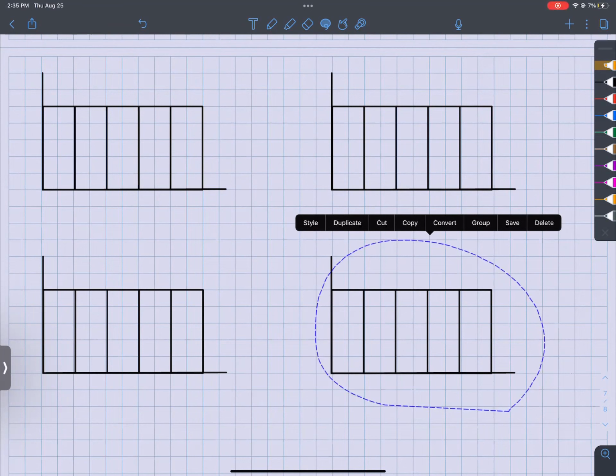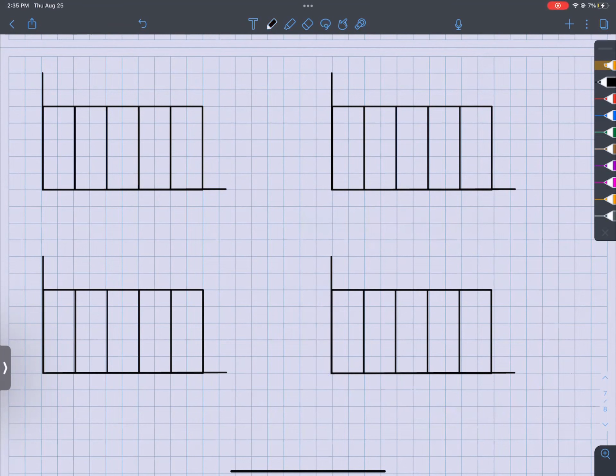If you start to see that all the bars are exactly the same height, this is considered a uniform distribution.